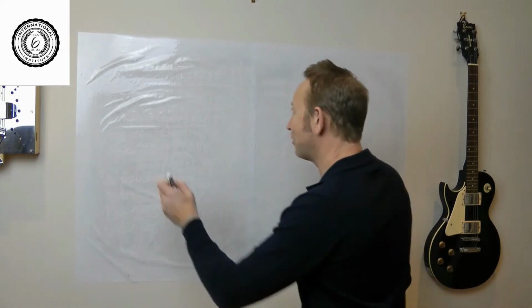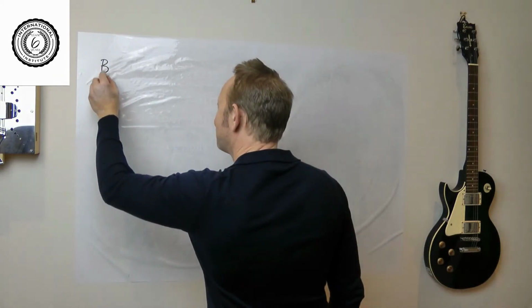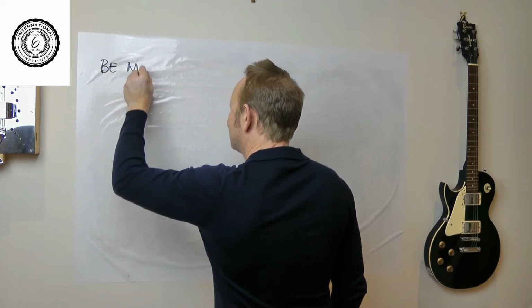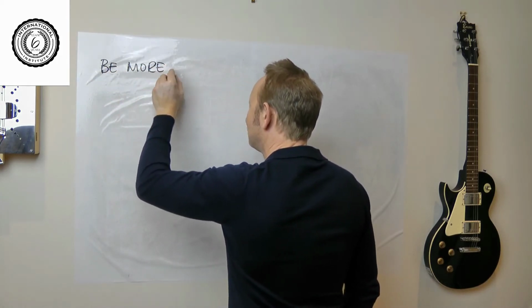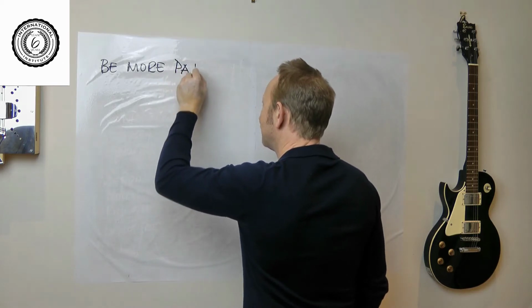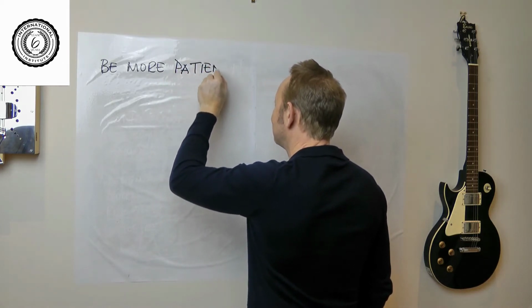We're going to talk about how to be more patient and get the most out of your data collection techniques. And this all relates as well to sample size. So it relates to SPC, statistical process control, but this is crucial.